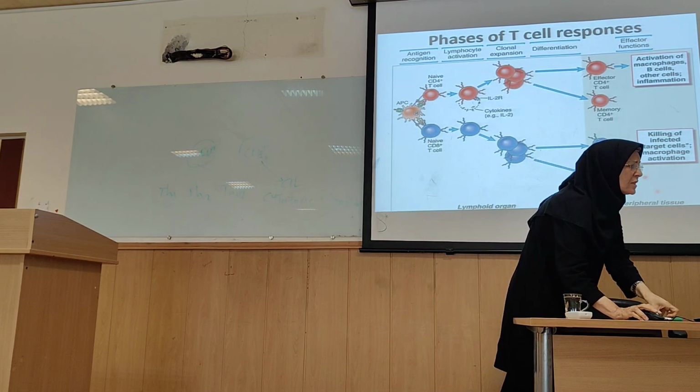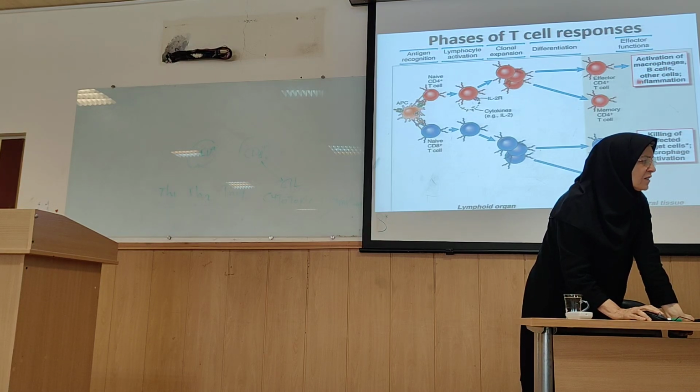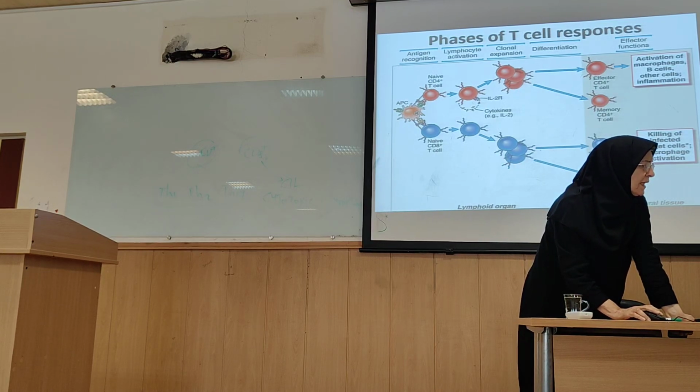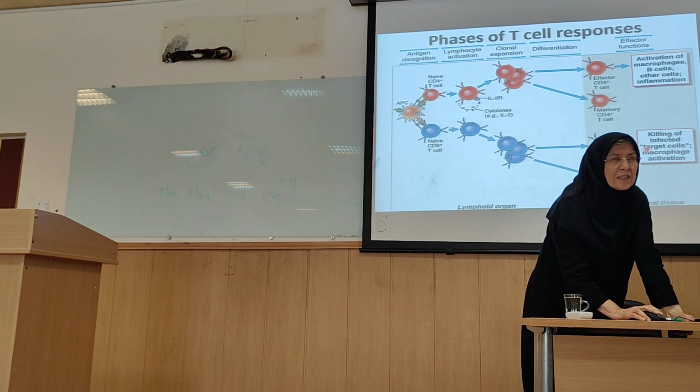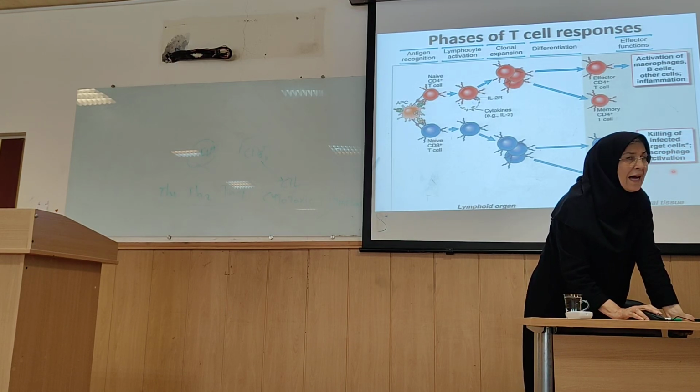The CD4 positive T cells can activate macrophages, help B cells to produce antibodies, and increase inflammation. The effector CD8 positive T cells, or CTLs, can kill infected target cells and can activate macrophages.